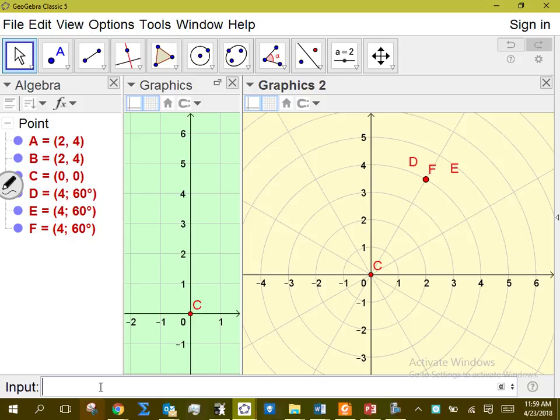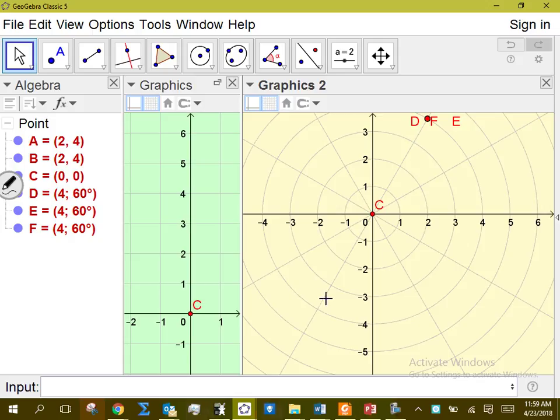And I can also do what would this angle right here be if each one of these is 30? So that's 30, 60, 90, 120, 150, 180, 210, 240, right? Let's say that I type in negative 4, 240. Let's see what happens there.